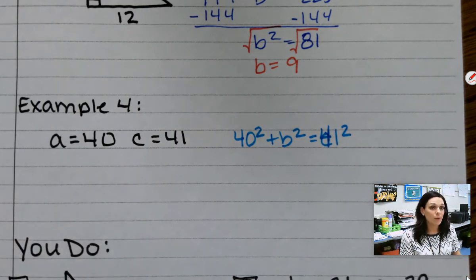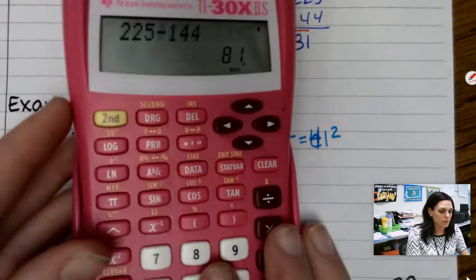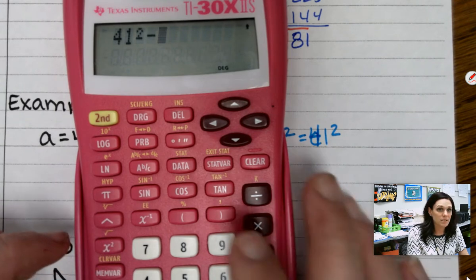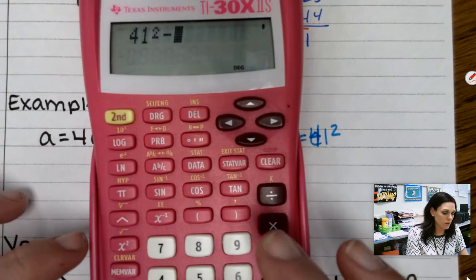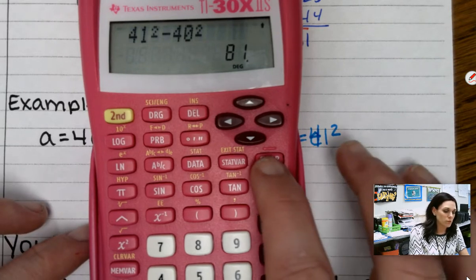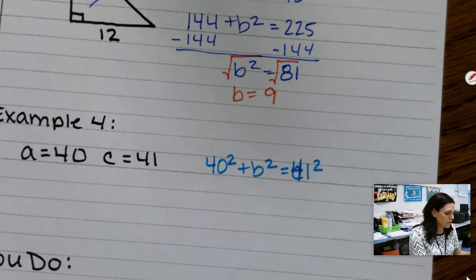Now, if I just have my calculator, I can do my hypotenuse squared minus my leg squared, 41 squared minus 40 squared, in one big step. However, if you still want to show work, feel free.